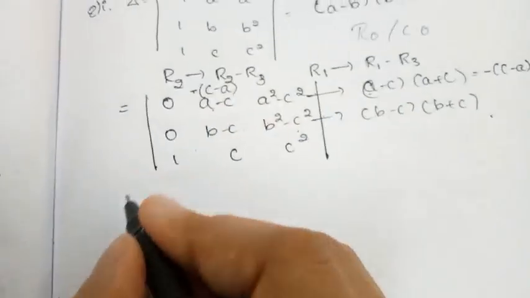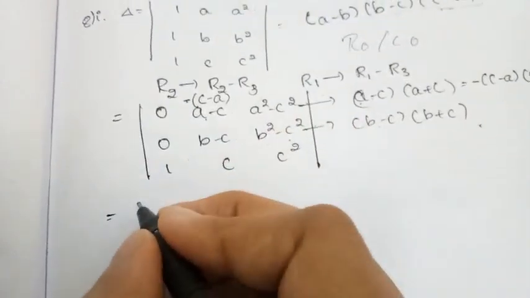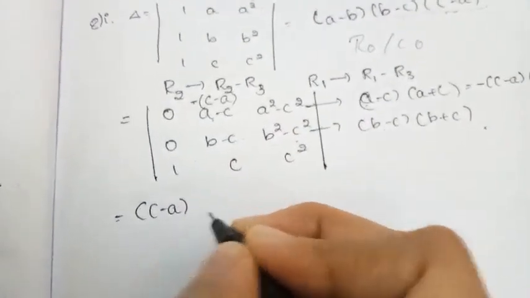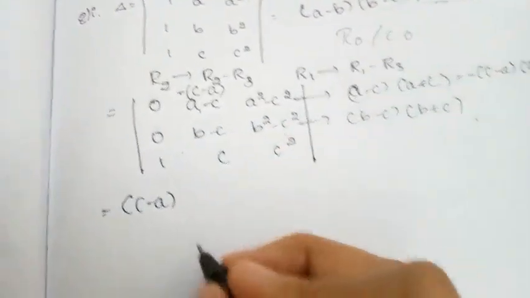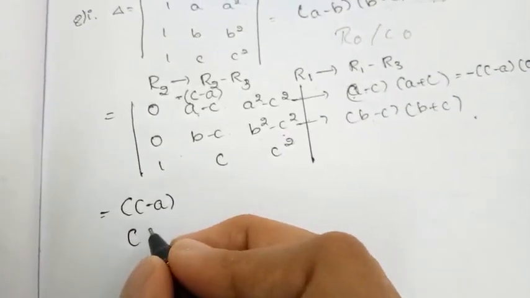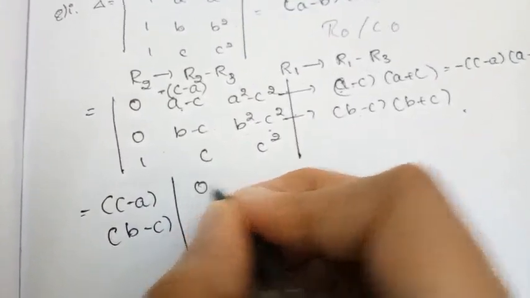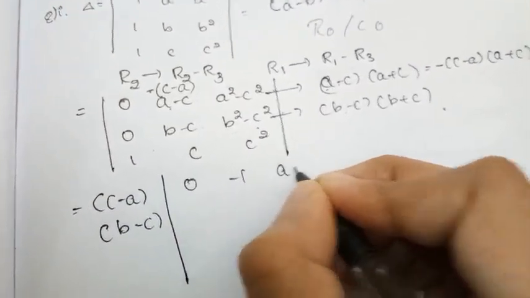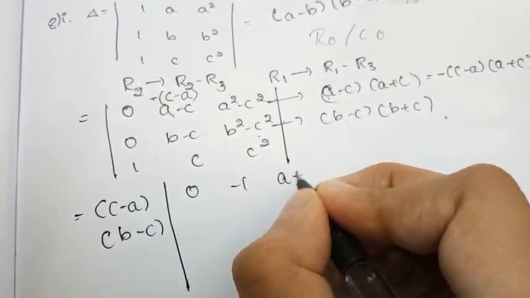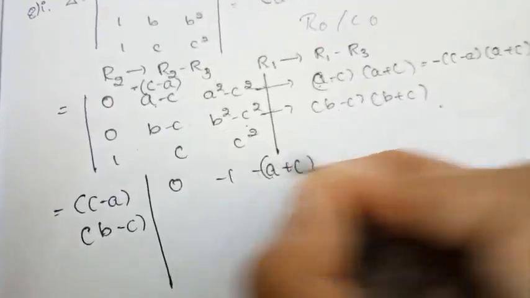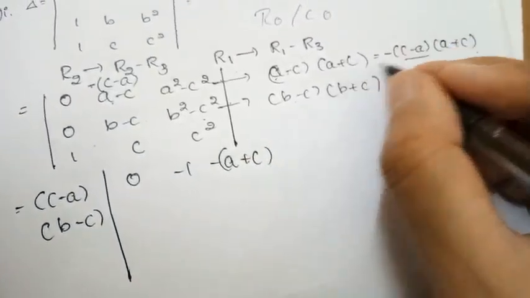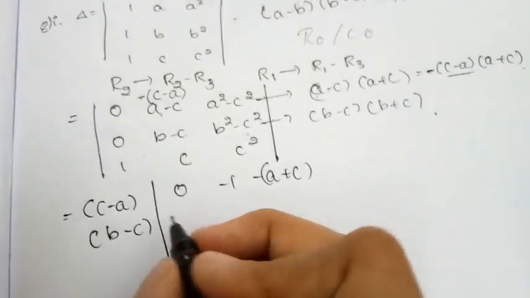So what about our first row? From the first row I am taking c minus a common outside. From the second row I am taking b minus c common outside. What all is remaining? 0, minus 1, minus of a plus c, because I took only c minus a common outside, minus is remaining, minus a plus c.